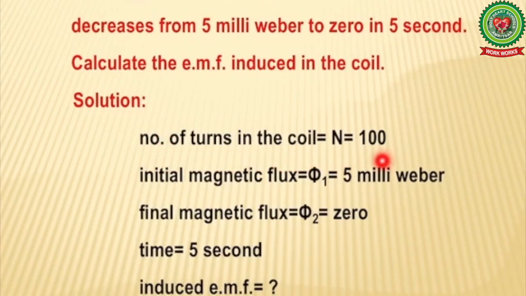Initial magnetic flux Phi1 is equal to 5 milliweber, which is given here. Final magnetic flux Phi2 is equal to 0. And time taken for this change is 5 seconds. We are to find induced EMF.